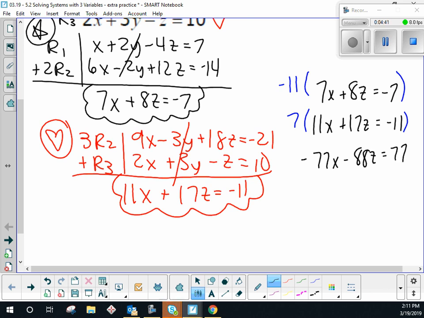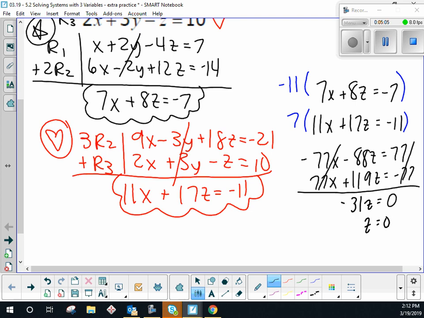And then the second row gives me positive 77x, 10 times 7 is 70 plus 49, 119. If you were feeling sad about all the numbers, look, they cancel out very nicely all of a sudden here. It's like Merry Christmas. That's 0, 2z equals negative 31. So z equals 0. And that's a whole lot of work to only have 1/3 of our answer, right?